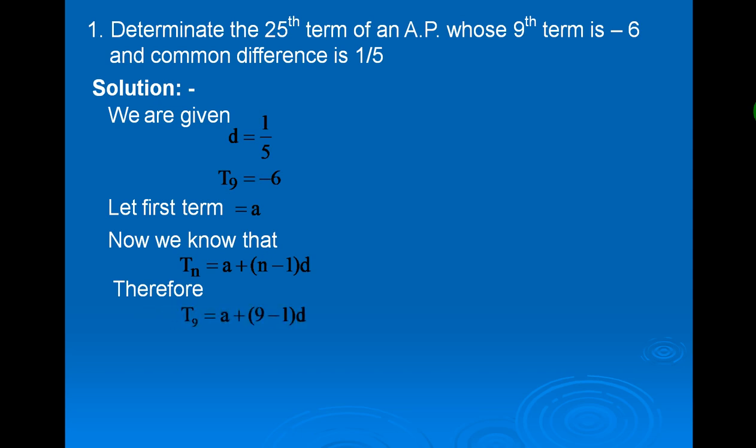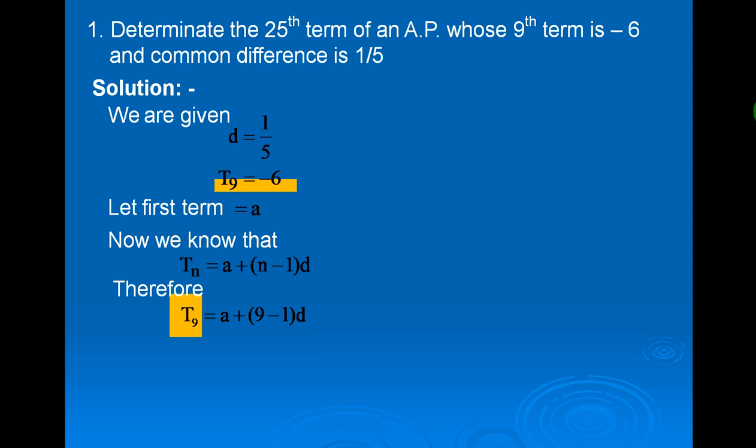Therefore, T9 is equal to A plus 9 minus 1 into D. Put n is equal to 9.